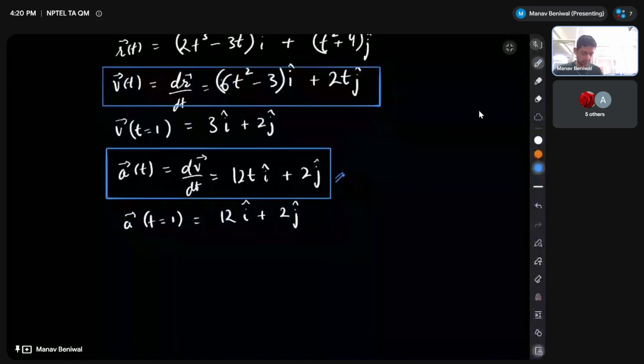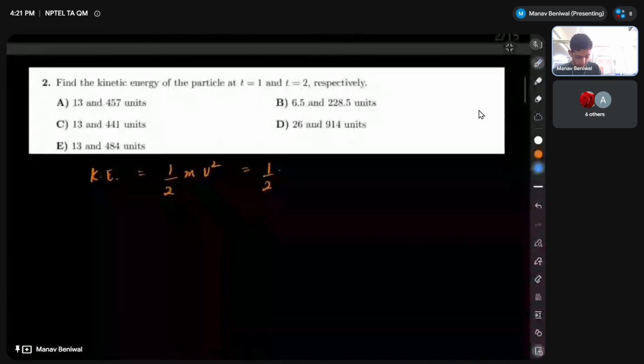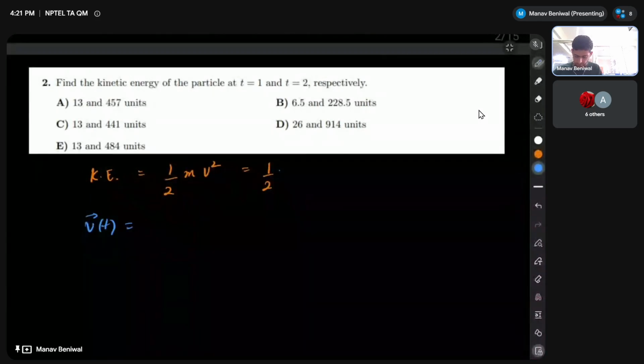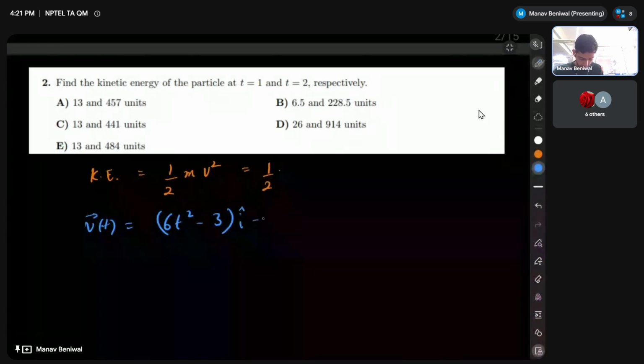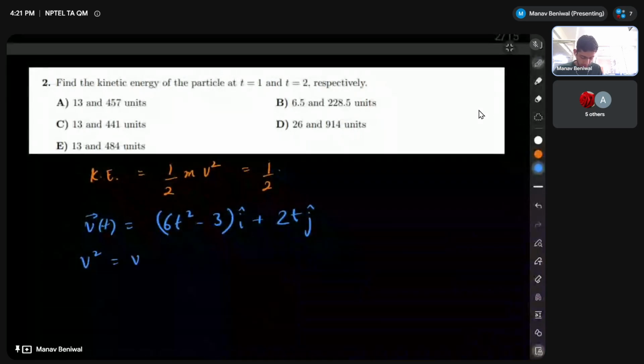So v of t is given by (6t squared minus 3) i cap plus 2t j cap. So my v squared I can write as v dot v.